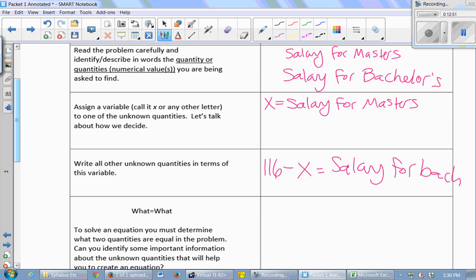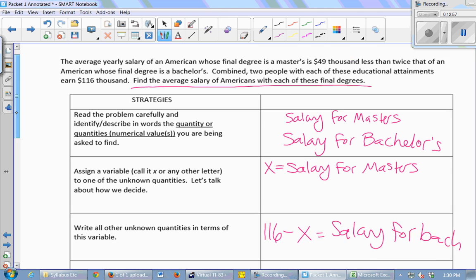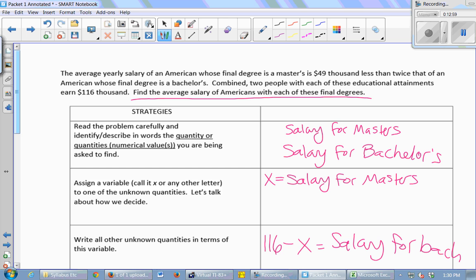All right, now we have to come up with an equation. What equals what, right? So I have used the last sentence to identify my variables. I used the second to last sentence to write an expression for the other unknown quantity. The only thing I have left is the first sentence. Hopefully the first sentence will help me write an equation.